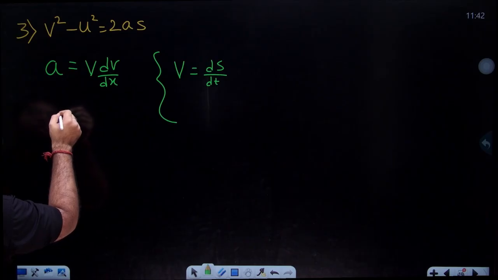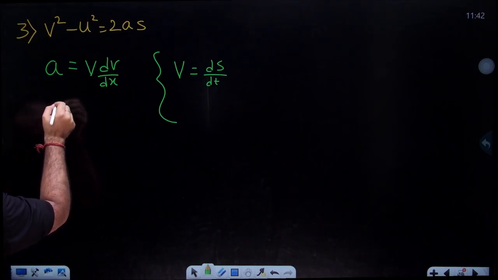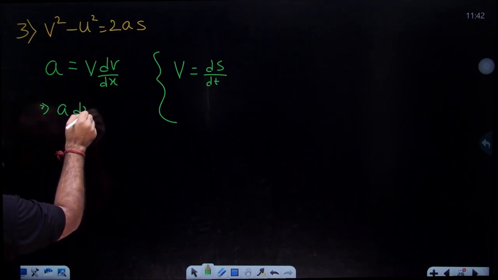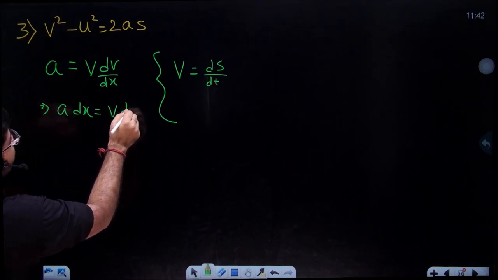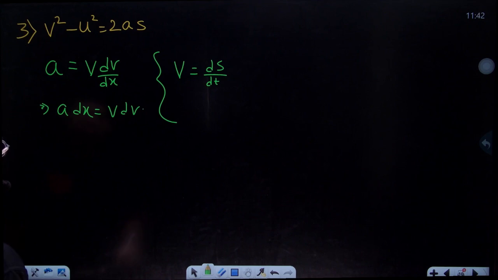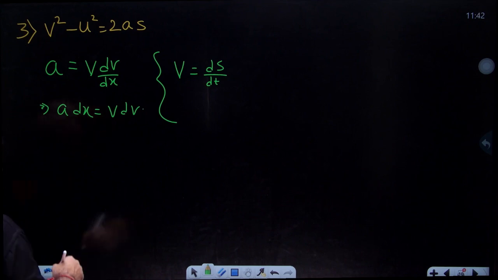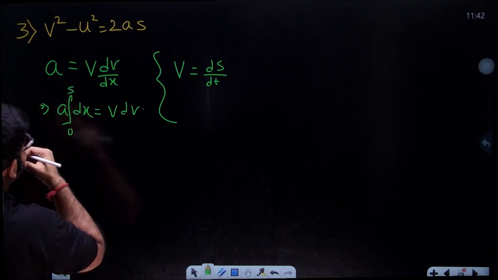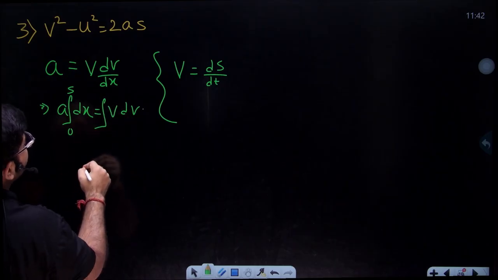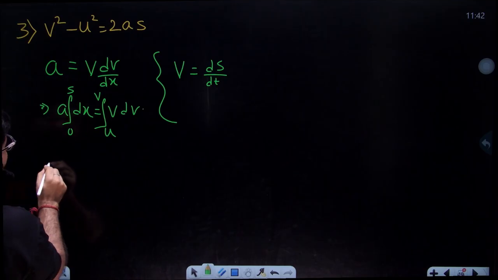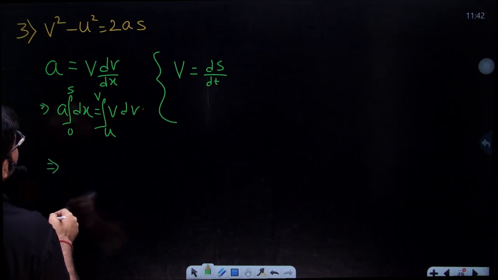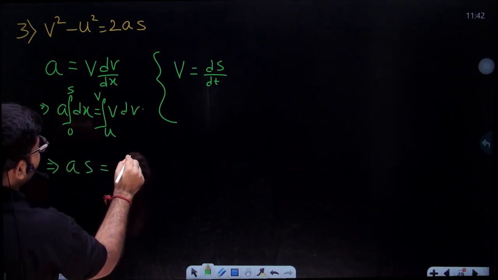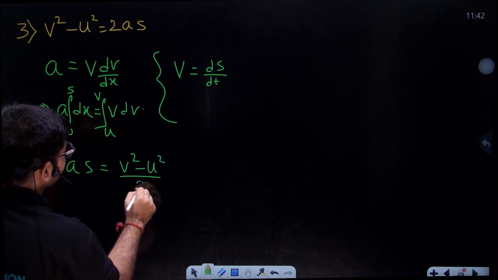Now, if you integrate it, this side from 0 to s, and this side from u to v, what we are going to get is nothing but as is equal to v square minus u square by 2.